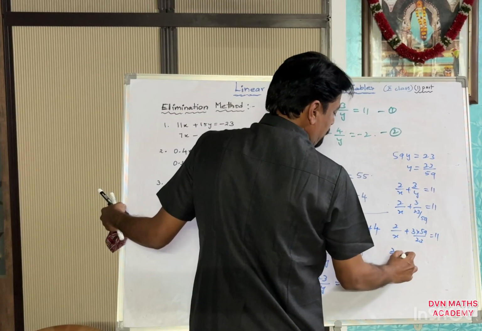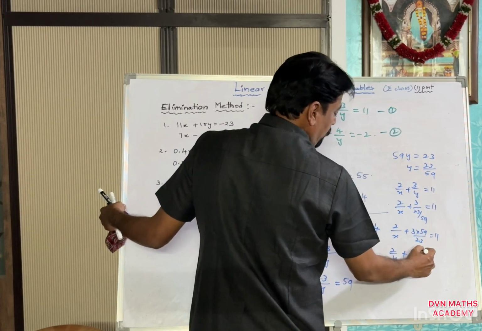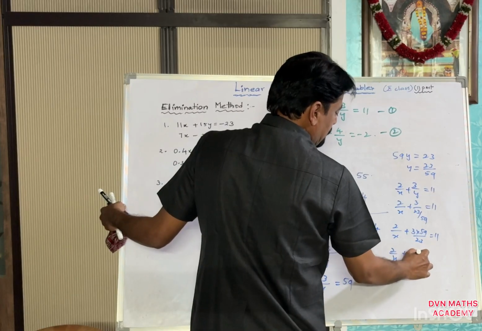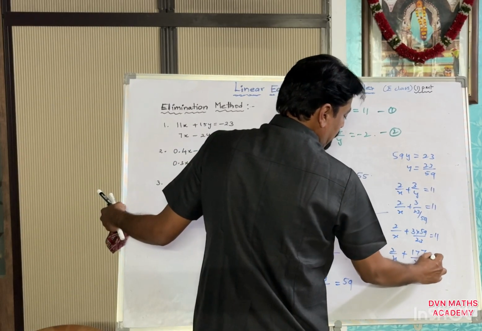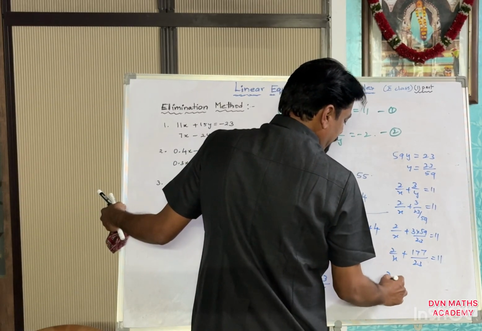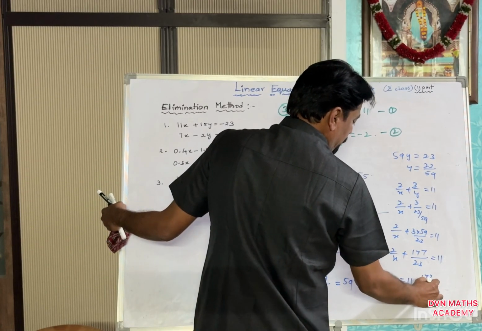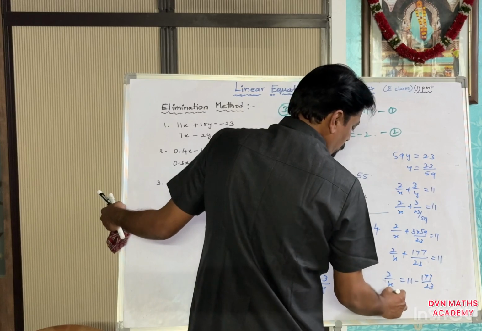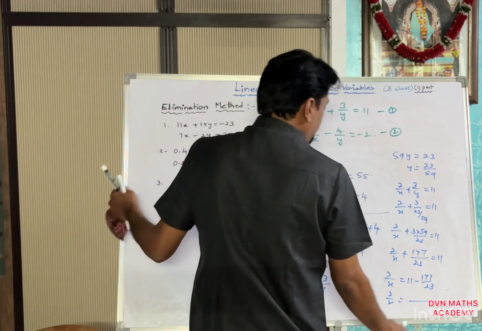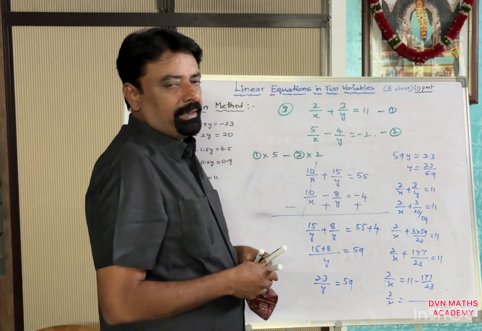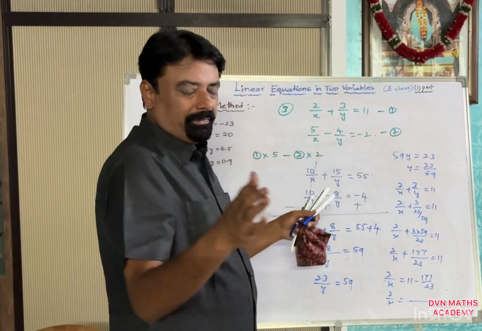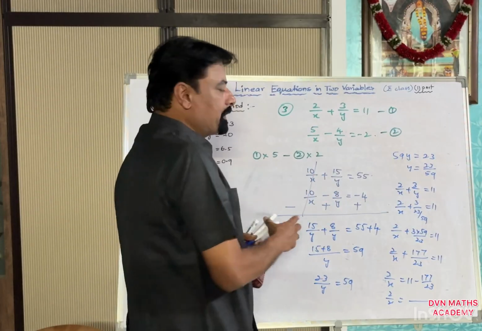So 2 by x plus 3 nines are 27, 177 by 23 is equal to 11. So 2 by x is equal to 11 minus 177 by 23. So 2 by x is equal to some value you will get here, and afterwards you will get the value of x. Due to the length of the video, I will stop this question here.